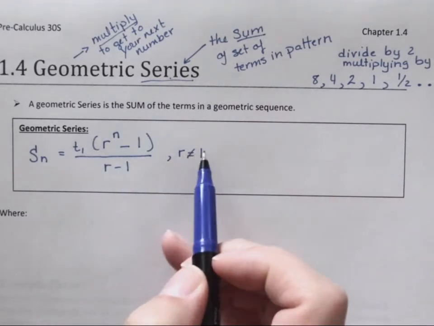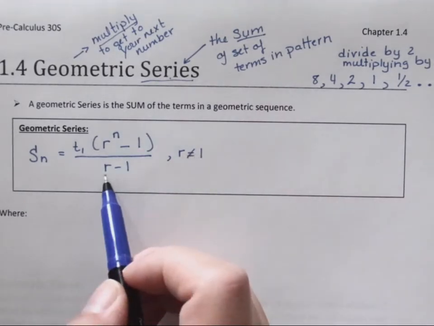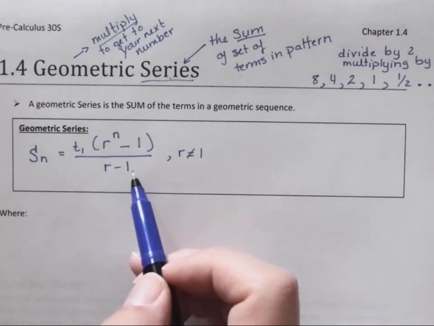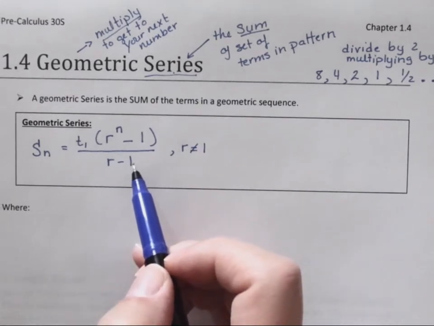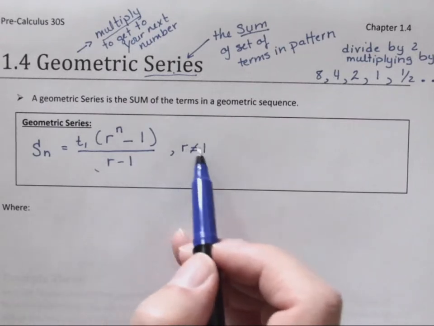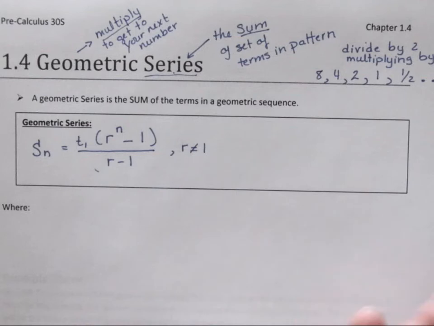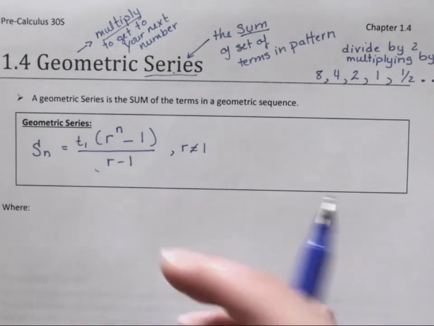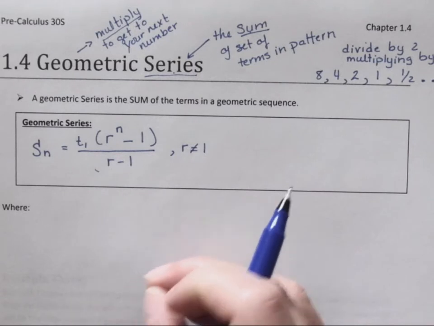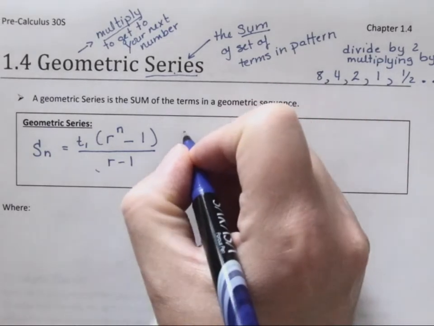The reason why is because if I substitute 1 in here, 1 minus 1 is 0, and we know that you can never divide by 0. You'll get an error, the world will collapse in on itself. So it's just saying, hey, this is the restriction. r can be anything but 1. It can be a decimal, it could be a whole number, it could be big, it could be small, but it just can't be 1. So that's your restriction.